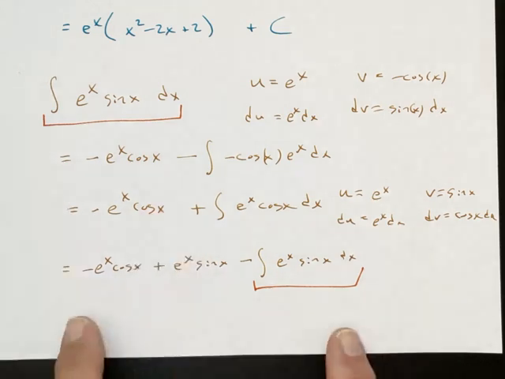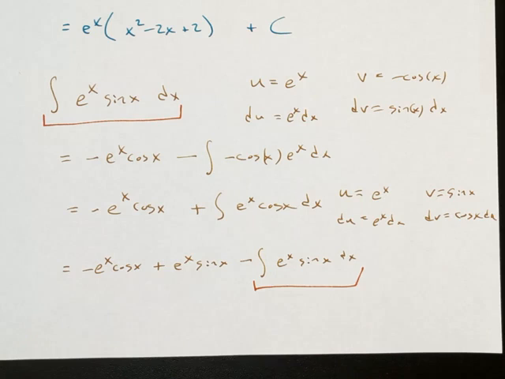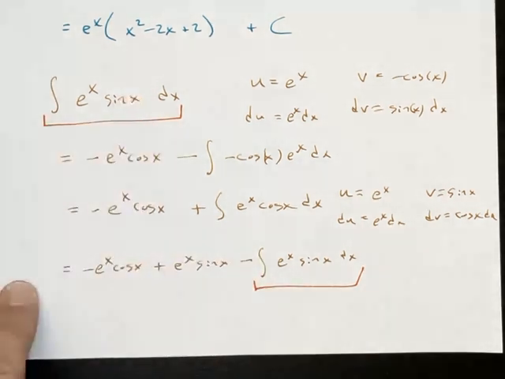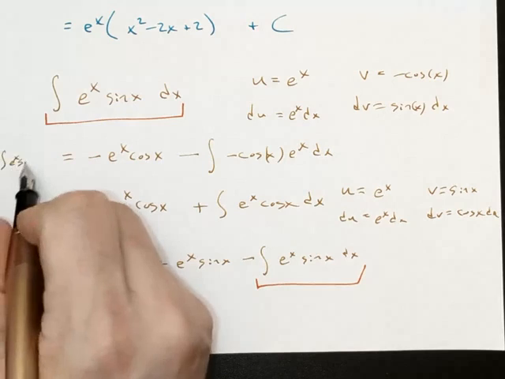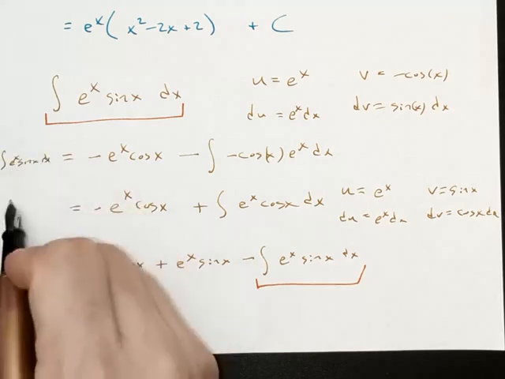It means that I had to get all the way to here to get my answer. But this one over here is negative. So what if we moved it to that side of the equation? Remember, this thing is still on the left here, isn't it? Over here on the left, I still have the integral e to the x sine x dx.